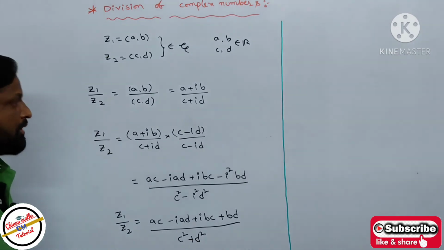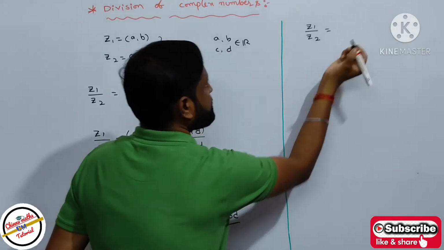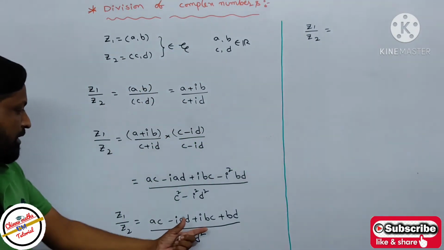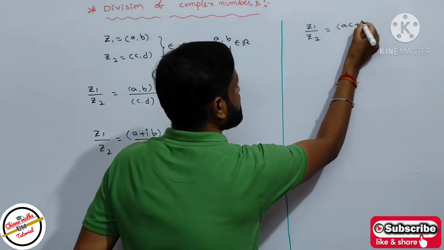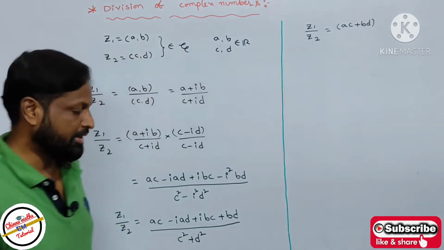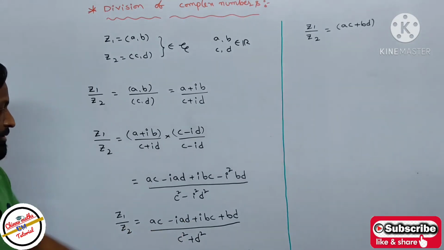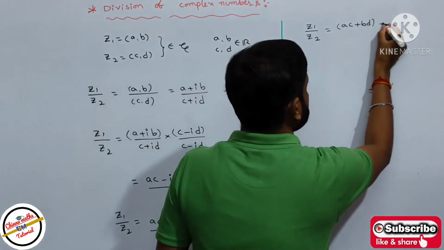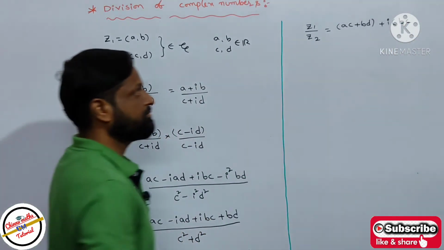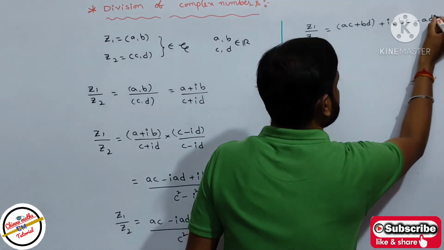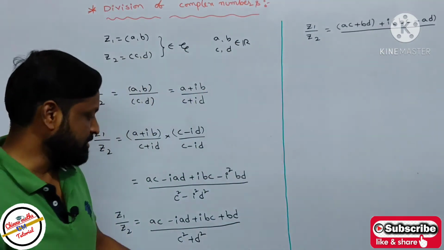Here also the I square value is equal to minus 1, minus into minus, that is plus d square. Then you can write z1 by z2 equal to: write the first and last term in a bracket, that is ac plus bd. In the middle elements, what is the common factor? The common factor is I. So then plus I is the common factor. You can write the positive value first, that is bc minus ad, by what is the denominator value? c square plus d square.